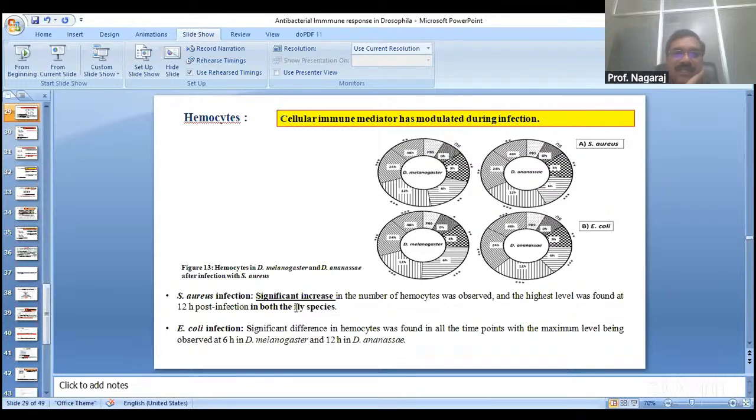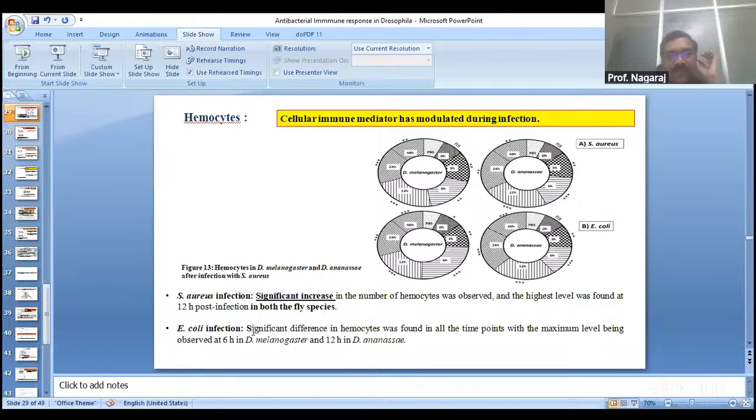What we have seen is a significant increase in the number of hemocytes in the SRES infection, and the highest level was found at 12 hours post-infection in both species. No difference in the hemocyte count for the SRES infection.